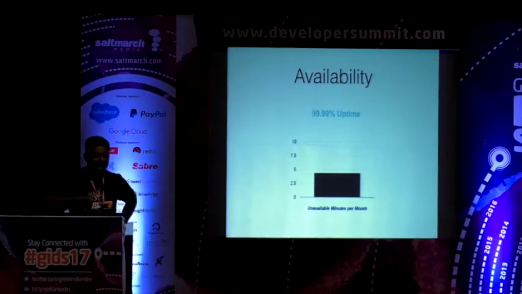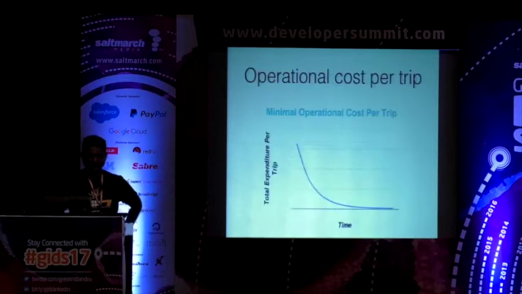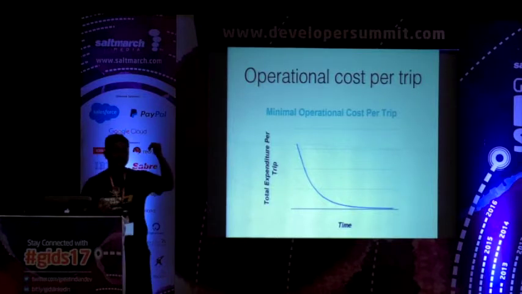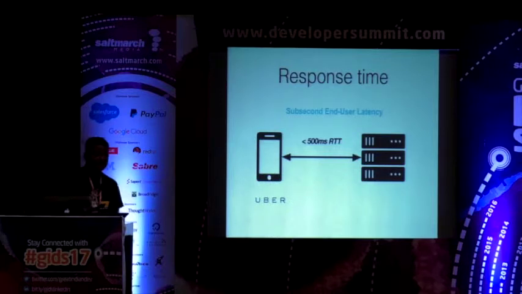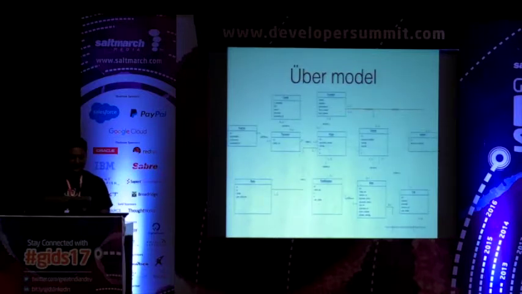That means only 5 minutes of downtime, which is pretty low as a whole. How much is the operation cost per trip? You want to reduce the operation cost as part of this trip. And what does the response time look like? Is it a 500 millisecond response time for that particular application?